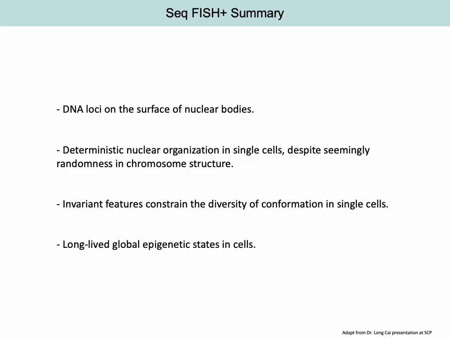Okay, so now let me stop here and summarize what I have been talking about for the past 22 minutes. The take-home message is that many repetitive DNA loci and sites appear on the surface of the nuclear bodies. So this is what we have thought for the past time.